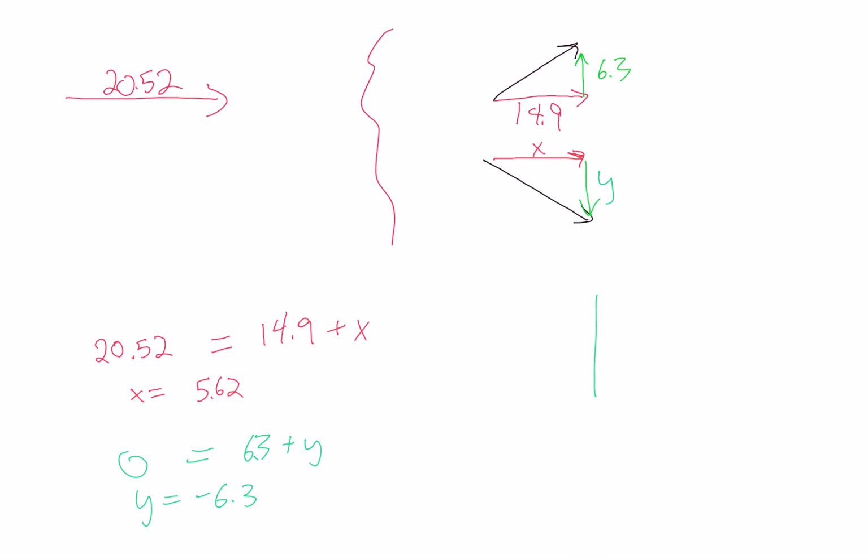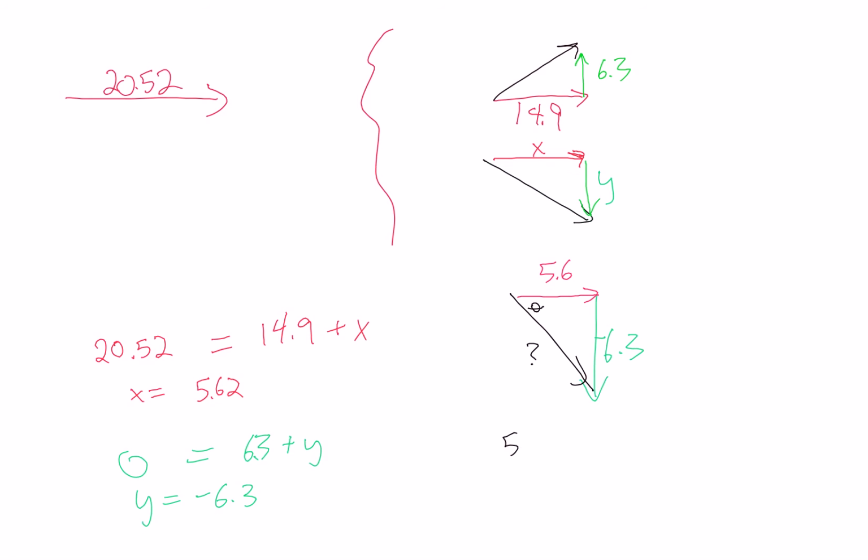Let me resketch this again. We've got 6.3 going down, and you can write it as a negative, sometimes it's a good idea so you don't forget. And we have 5.6, I'll just round it to one decimal, so 5.6 going to the right. Now we're ready to solve for our final answer. We need to figure out our hypotenuse, and we want that angle.